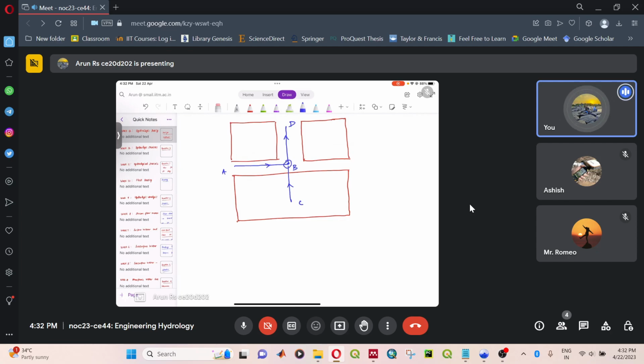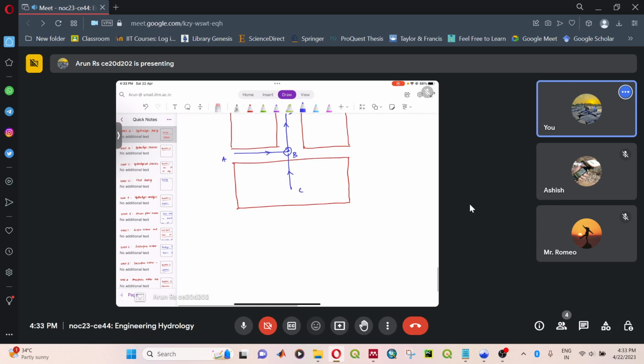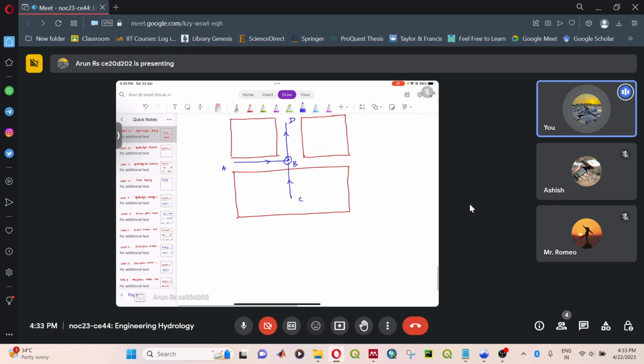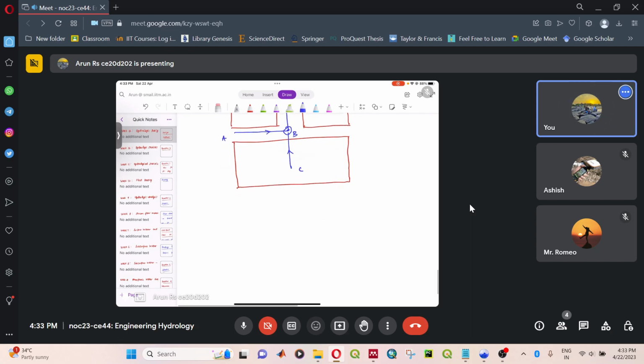So when you have multiple catchments, your time of concentration can vary. So what we need to find out is the minimum time of concentration. So how to determine that? I'll explain that procedure.